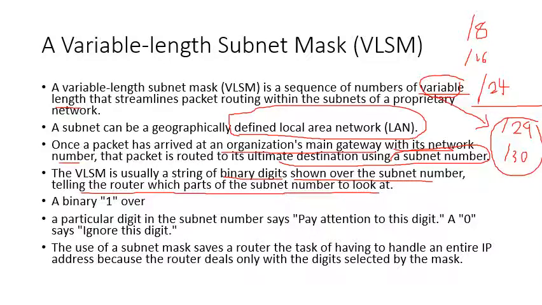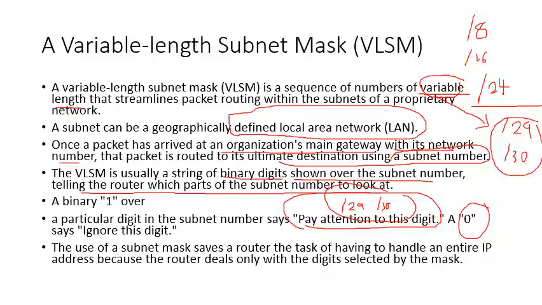Okay, a binary 1 over a particular digit in the subnet number says pay attention to this digit. Pay attention to this digit means the slash number, /29, /30. Ignore the digit for 0.